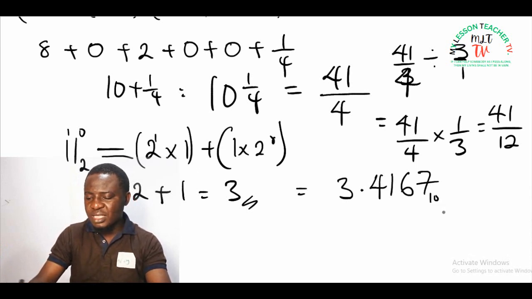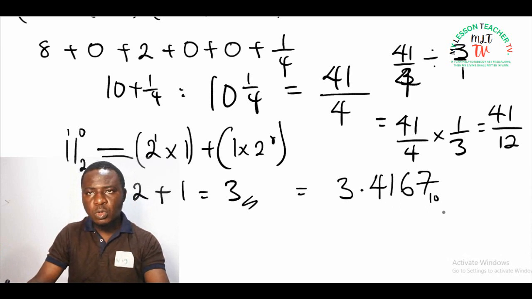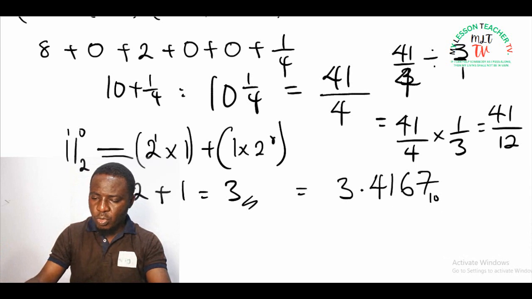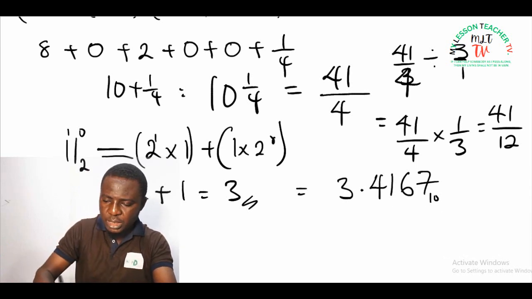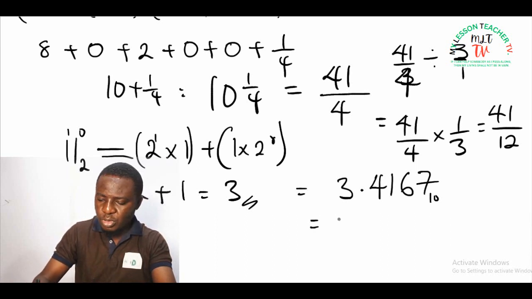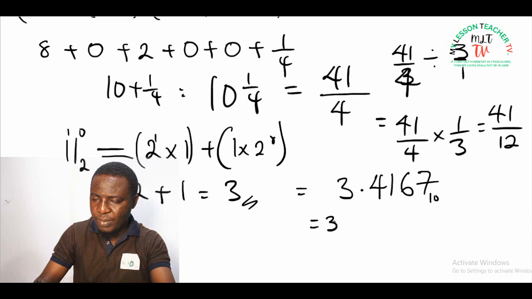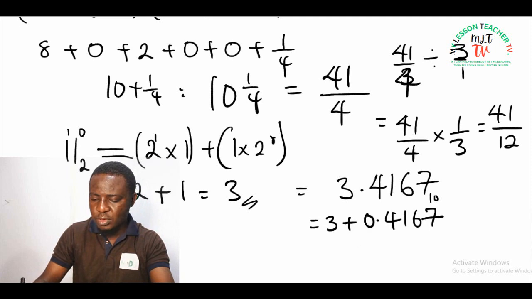I'm going to convert this in base 10 to base 2. So in conversion, I'm going to divide this into 2, which is the whole number part and the fractional part. That is 3 plus 0.4167.